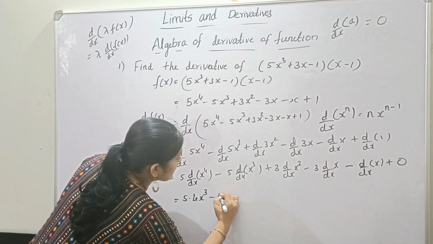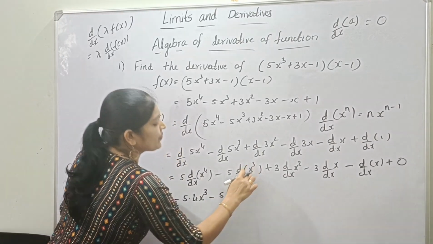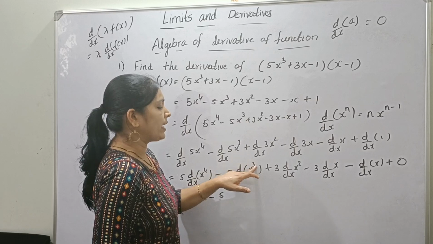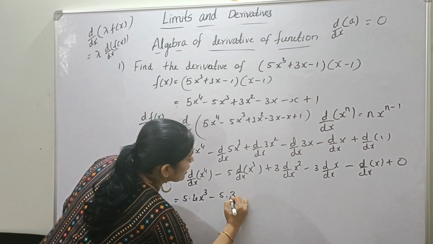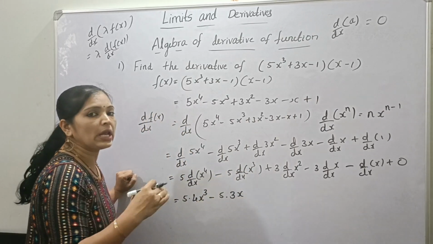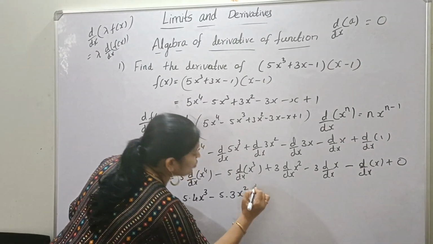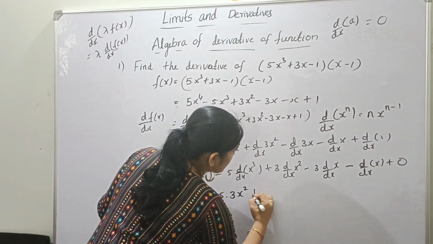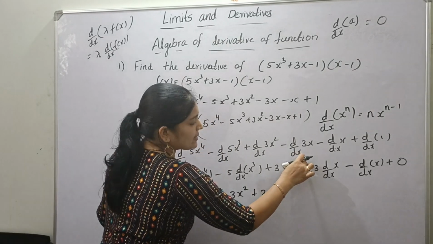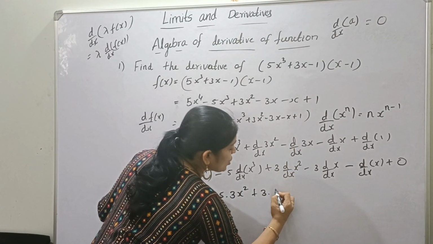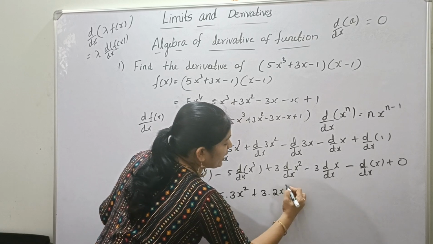Minus 5 into, here d by dx of x cube, n is equal to 3, so 3 into x raised to 3 minus 1, that is x raised to 2, x square, plus 3 into, here x square, n is equal to 2, so 2 into x raised to 2 minus 1, that is 1.